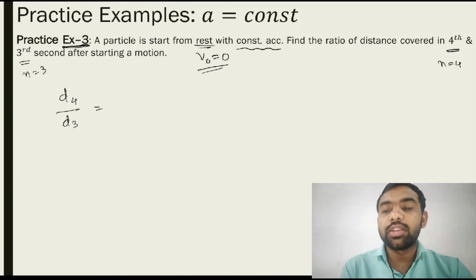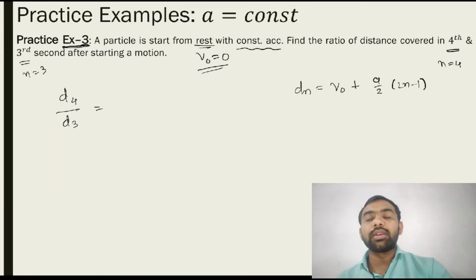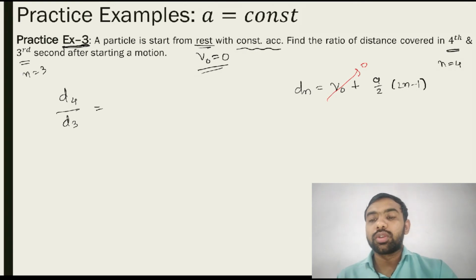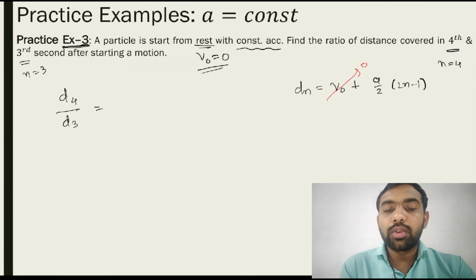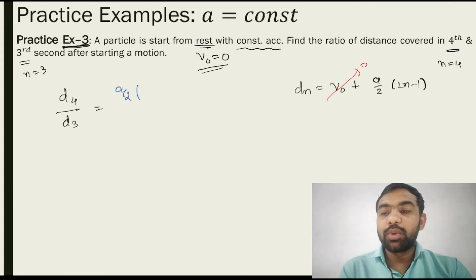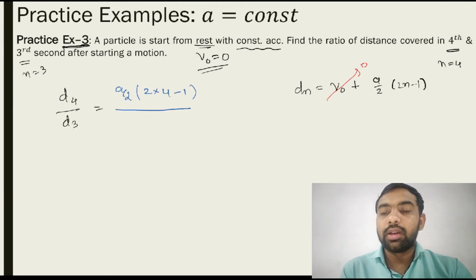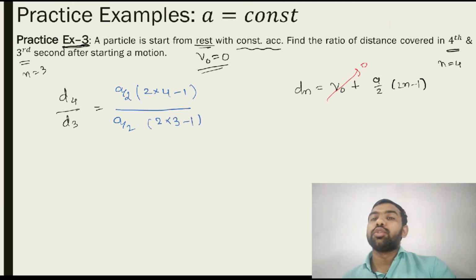So what is this d answer? dn is equal to v0 plus a by 2 into 2n minus 1. But starting from rest, so v0 is equal to 0 in this relation. So use this relation here, and we get the final answer. So d4 means what? a by 2, and I put n is equal to 4, so 2 into 4 minus 1, upon d3, which means a by 2, again here put n is equal to 3, 2 into 3 minus 1.